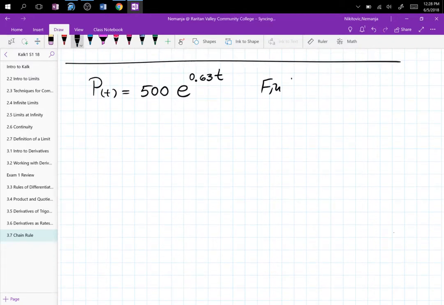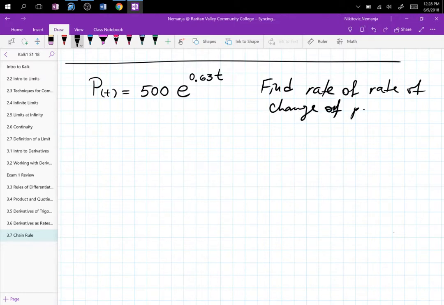Find the rate of change of population in time.